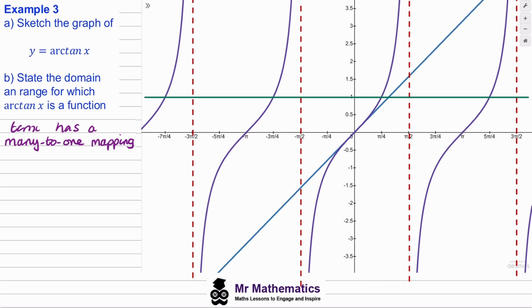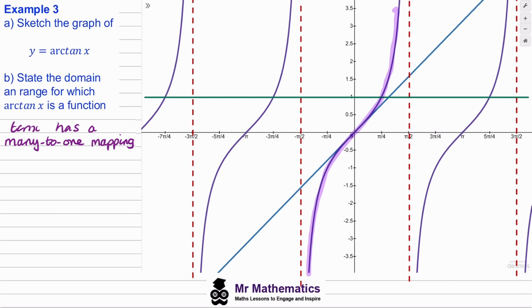So to define arctan of x as a function, we need to restrict the domain of y equals tan of x to an interval where it is strictly increasing and one-to-one. And we choose the domain between negative π/2 and positive π/2. You can see it's increasing throughout this domain, it passes through the origin, and it's one-to-one.